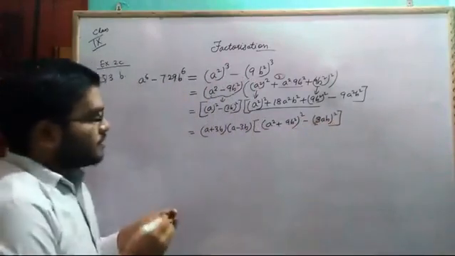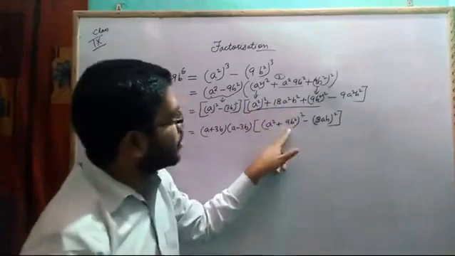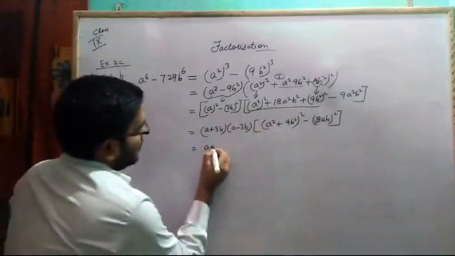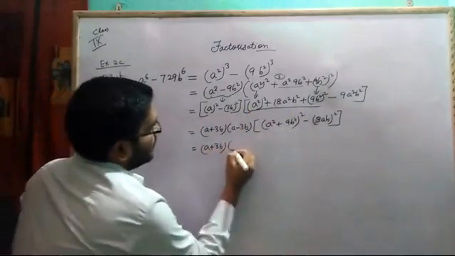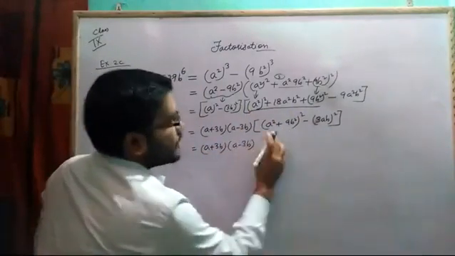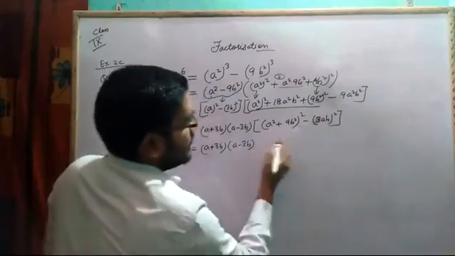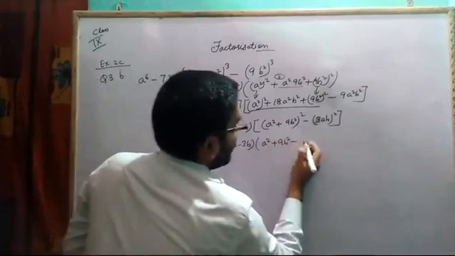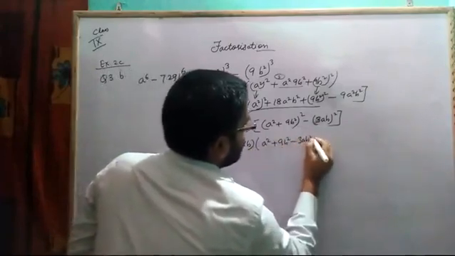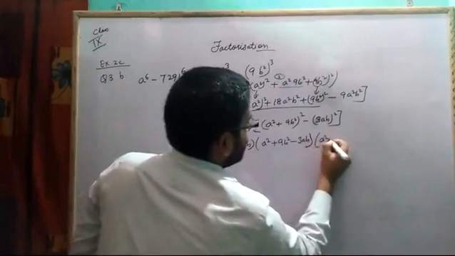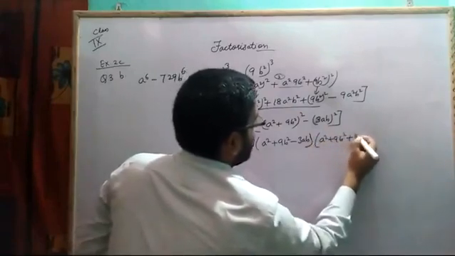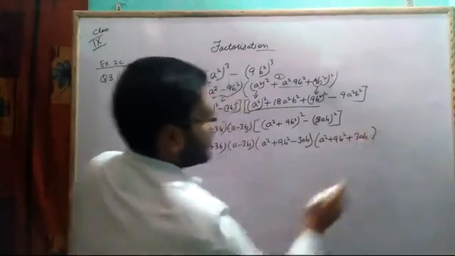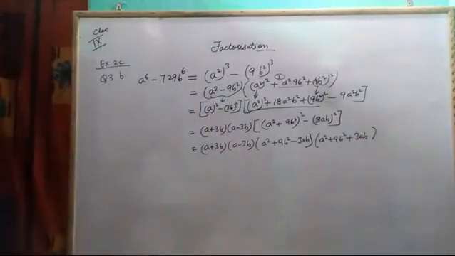This is the (a plus b) whole square formula, 9b square. Now (a plus 3b) into (a minus 3b). This term you see is again in the a square minus b square format. So we will write (a square plus 9b square minus 3ab) closed, then (a square plus 9b square plus 3ab). So in this way we finished our second part.